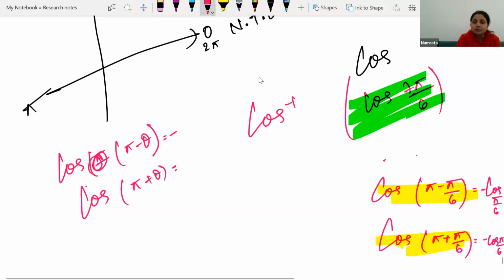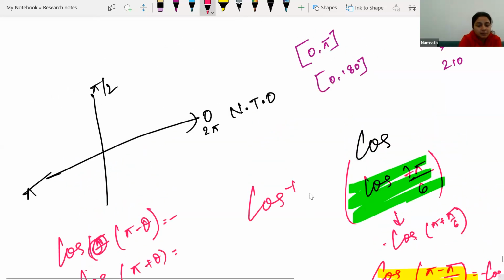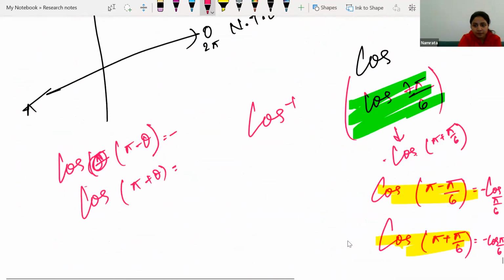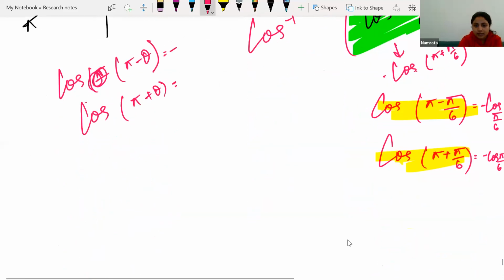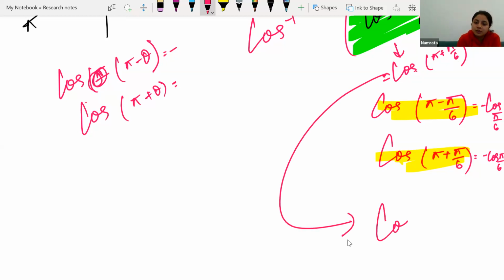So this one can be written as cos of pi plus pi by 6, which can also be written as cos of pi minus theta, because both are giving the same result, that is minus cos pi by 6.